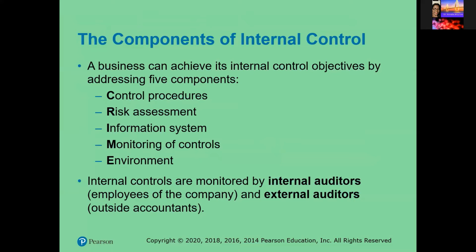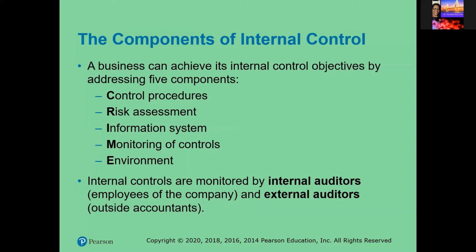Now, the control procedures are designed to ensure that the business's goals are achieved. As part of the internal control system, the company's business risk, as well as the risk concerning individual accounts, must be assessed. The higher the risk, the more controls a company must put in place to safeguard its assets and accounting records.